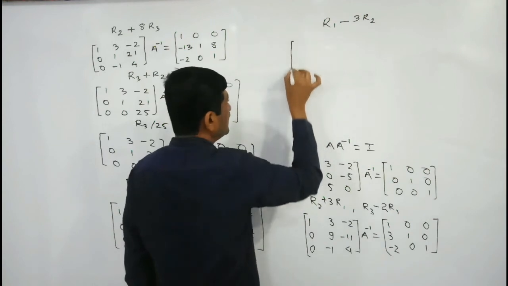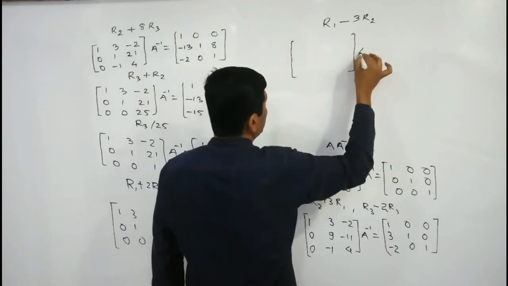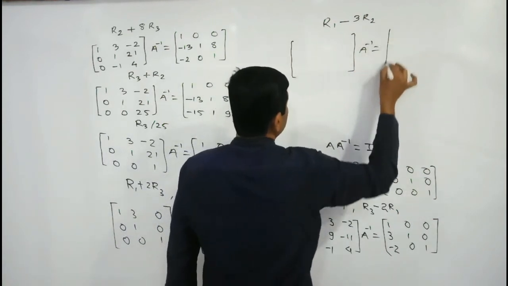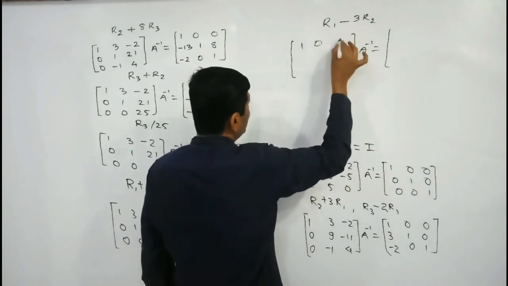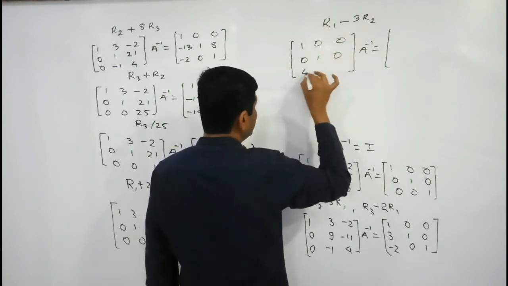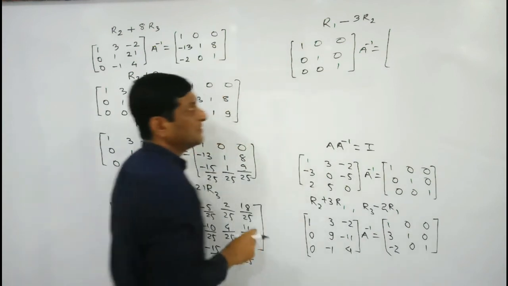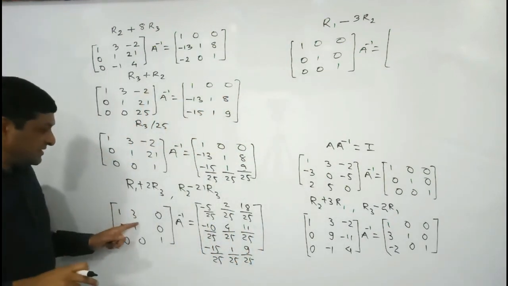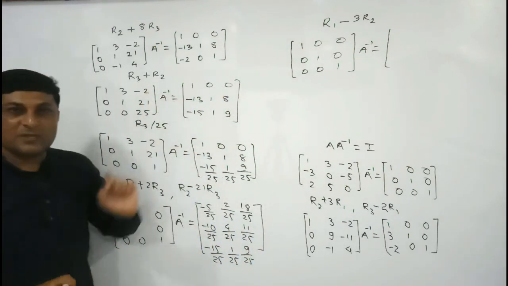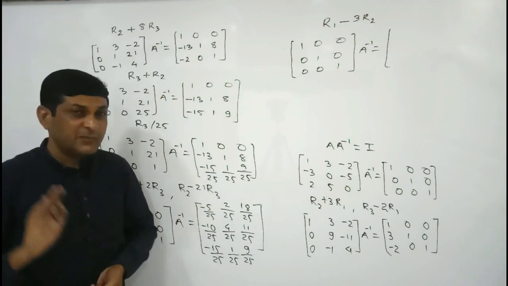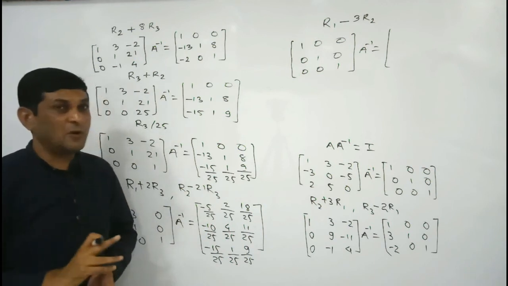So let us perform this operation on the elements of R1. Especially this operation we have performed to convert this matrix into identity. So directly we can conclude that after converting this element into 0, the matrix on the left hand side will become identity. Perform this operation very carefully on the right hand side.